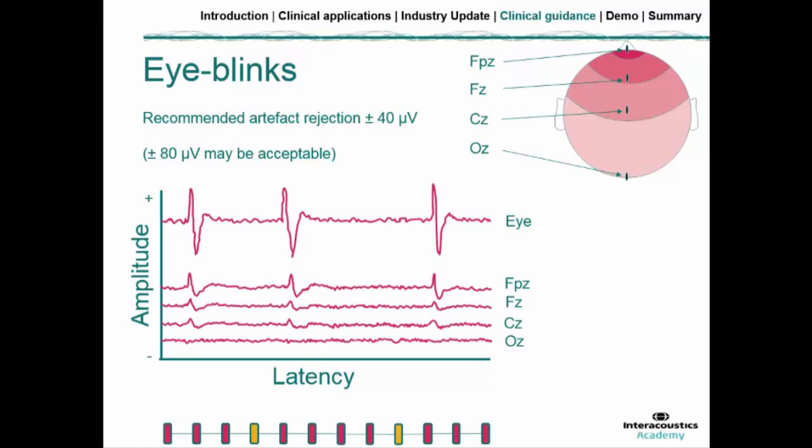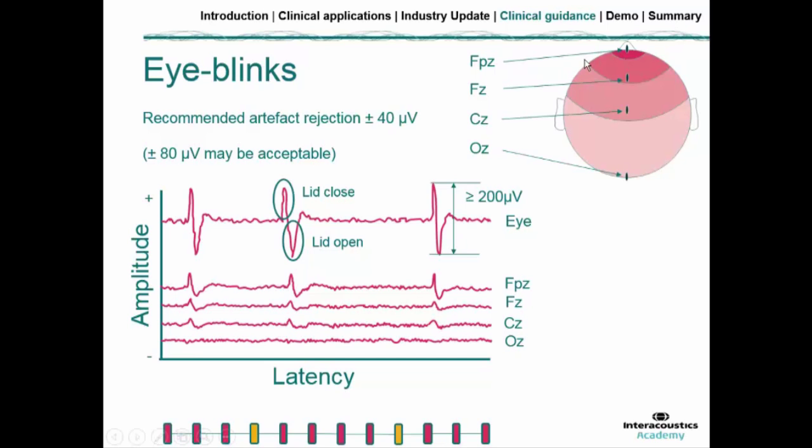What I'm displaying on this slide here is just some example data, over a period of a few seconds, and you can see the stimulus train here corresponding to that latency range. Now, because the individual is awake with passive attention, such as watching a movie or maybe reading a book, we'd expect from time to time there to be artifacts, and a large source of artifacts comes from eye blinks.